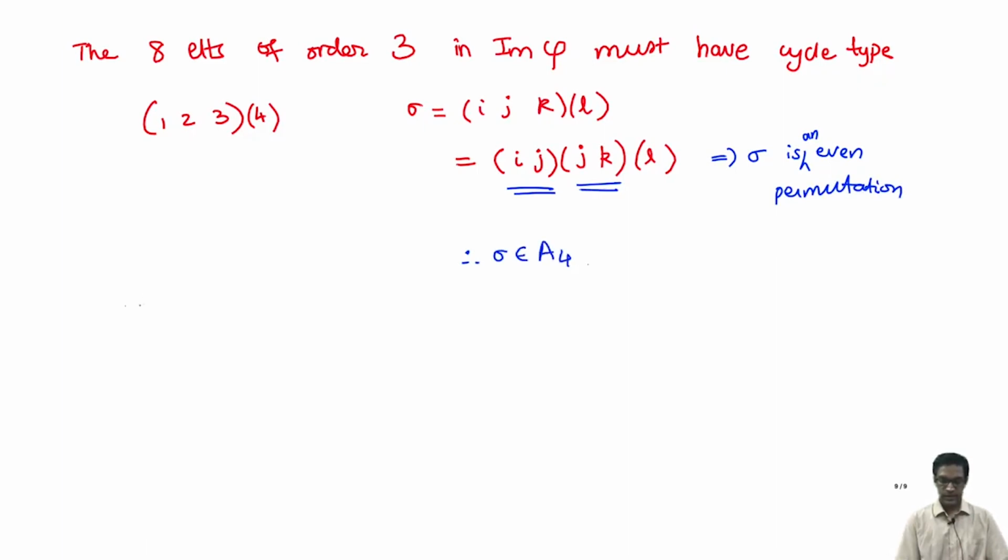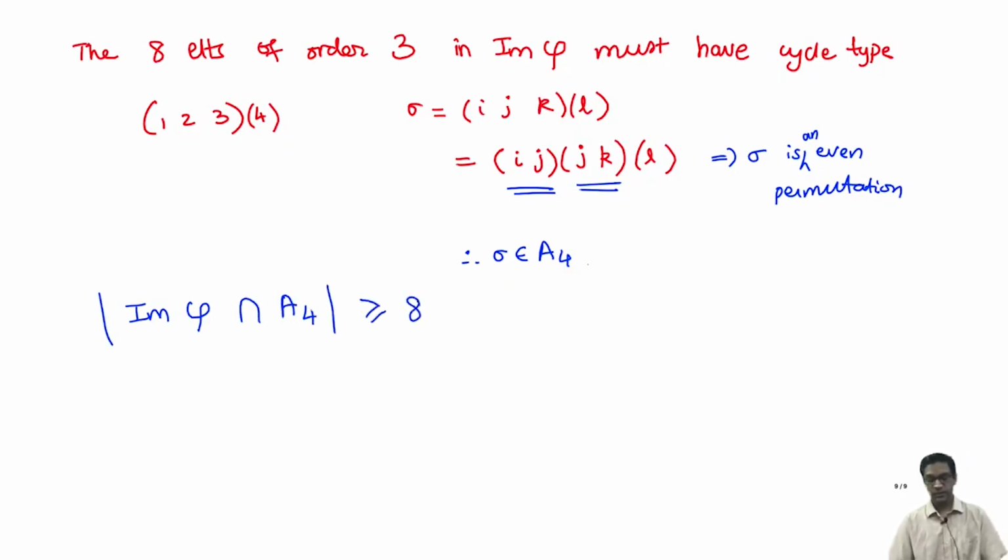Okay, now what does that tell us? If I look at the image of phi, the image of this injective homomorphism, I want to prove that the image is exactly A4, but at least I know that there are 8 elements inside this image. The image of phi intersection A4 contains at least these 8 elements, which are certainly in A4.